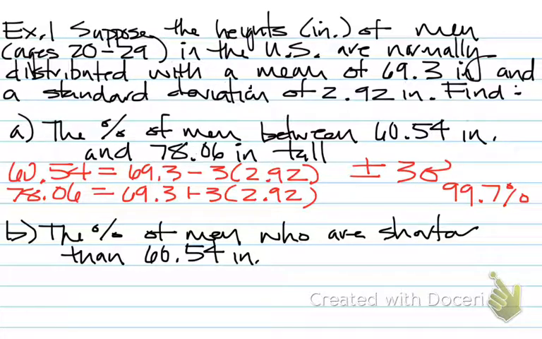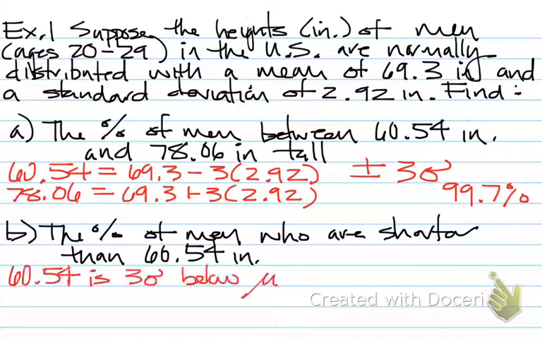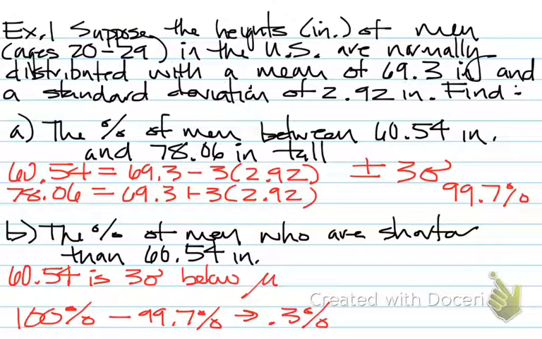And then next we want to find the percent of men who are shorter than 60.54 inches. So 60.54 is 3 standard deviations below the mean. So we want to subtract 100% minus the 99.7% of the values that are within 3 standard deviations of the mean, and we get 0.3%.